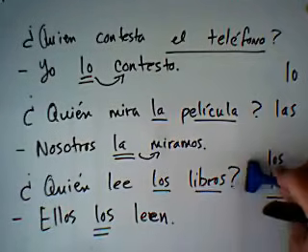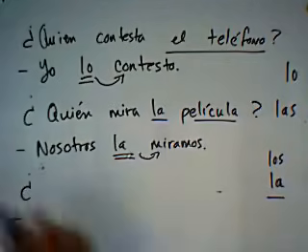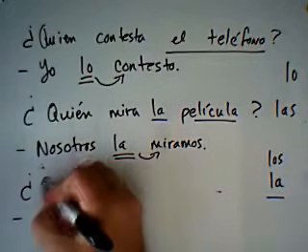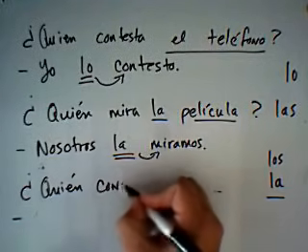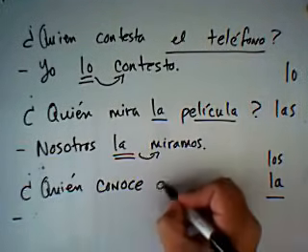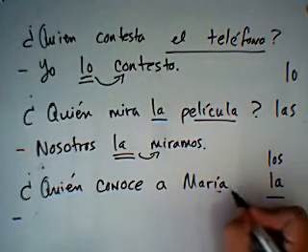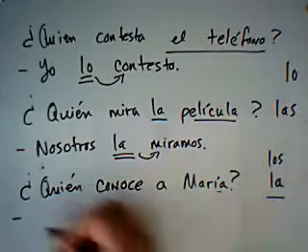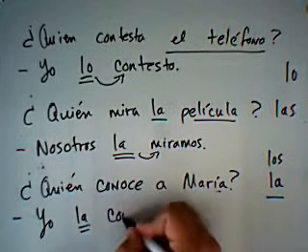We can illustrate that with a question about a person, okay? A question about a person. Let's say, for example, somebody asked, ¿Quién conoce, to know, ¿Quién conoce a María? Who knows María? Okay? And so if I know her, I can say, Yo la conozco.